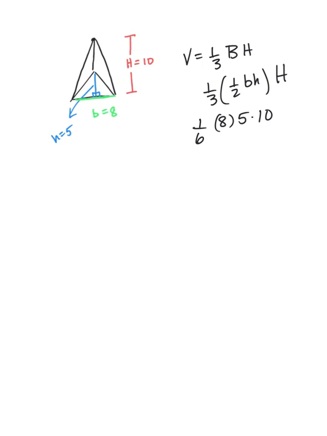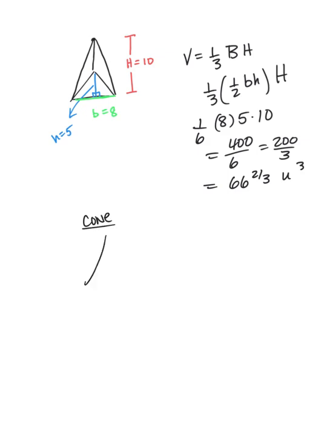So I have 40, so that's 400 over 6, or 200 over 3, same thing. You can leave it as 200 over 3, or you can write this as 66 2/3, units cubed.